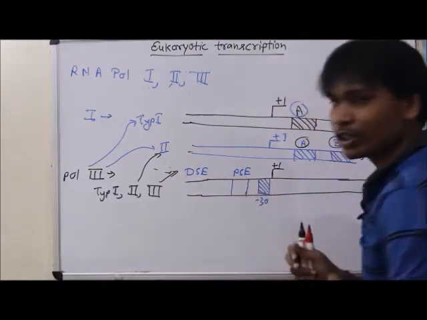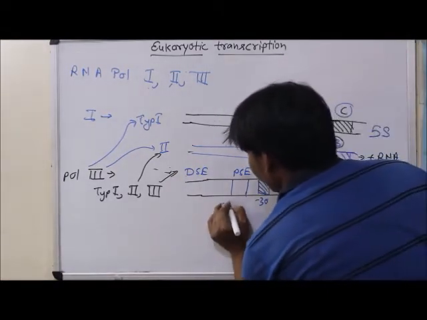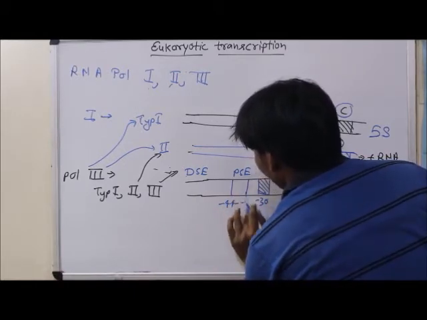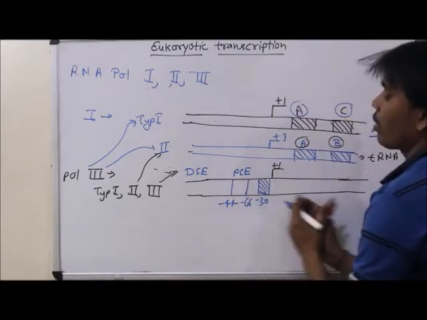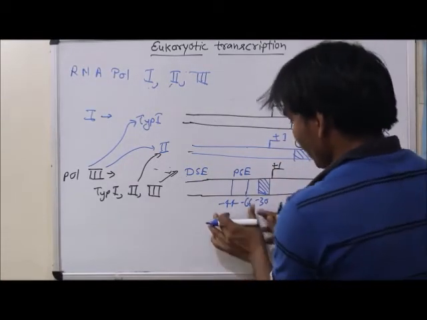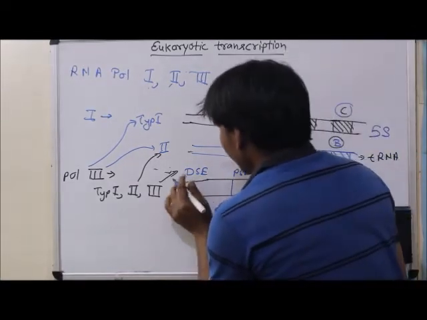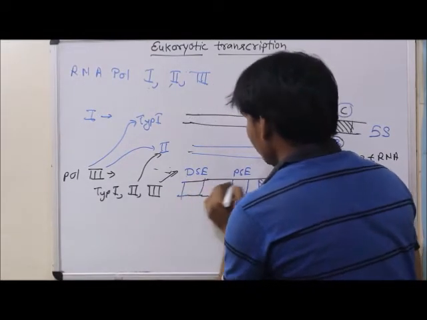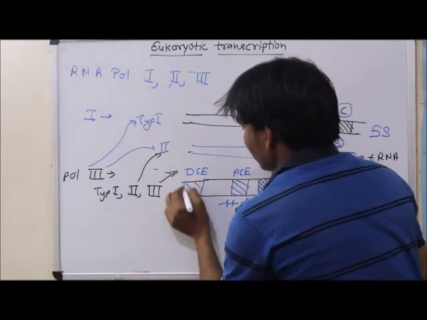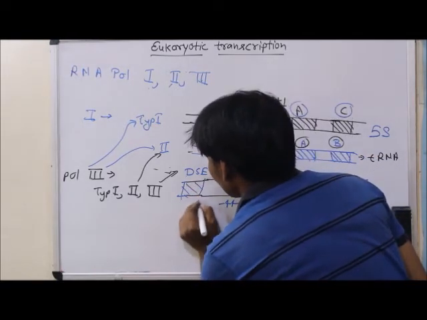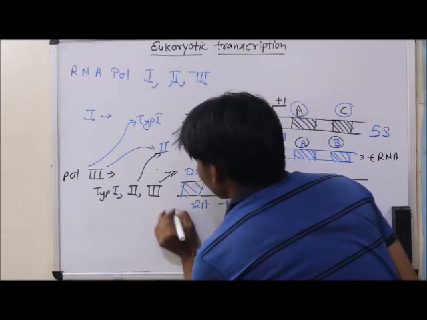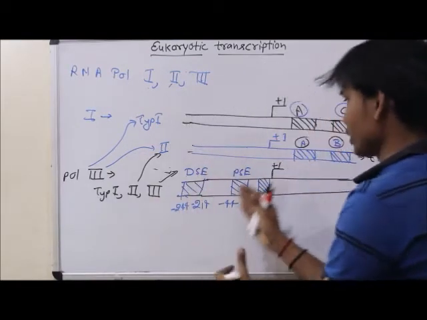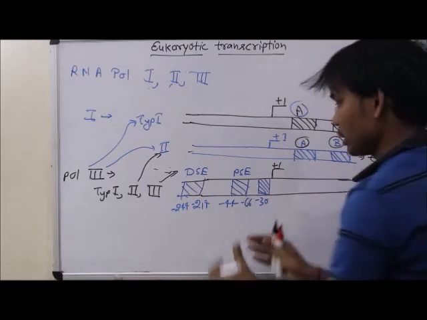The proximal sequence element is found at -44 to -66 upstream base pairs, and the distal sequence element is found at -214 to -244 distance from the start site.